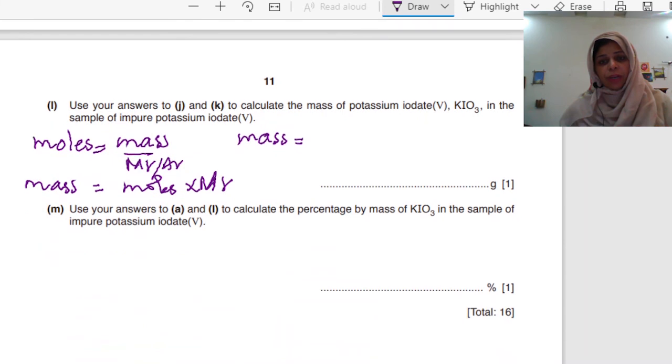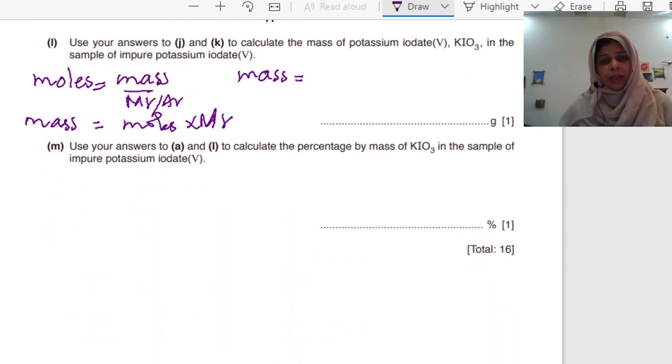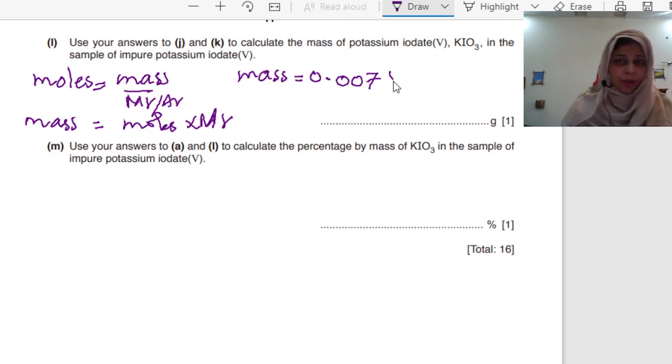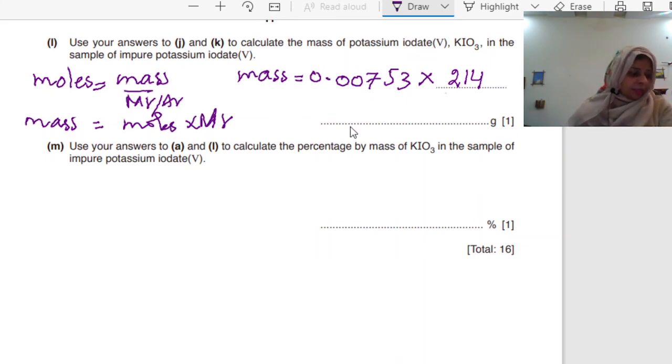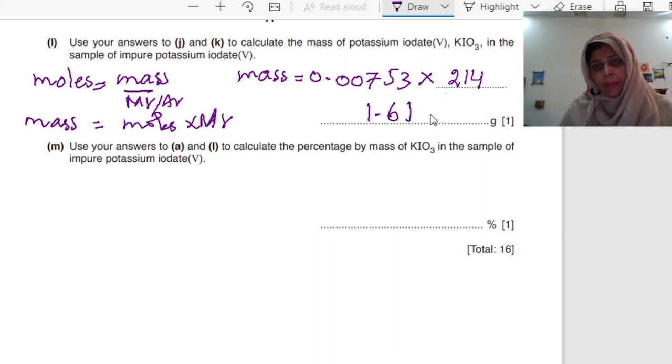If we move ahead, use your answers A and I to calculate the percentage by mass of potassium iodate. First we have to calculate the mass. Moles are 0.00753 multiplied by 214, the answer will be 1.61 gram.